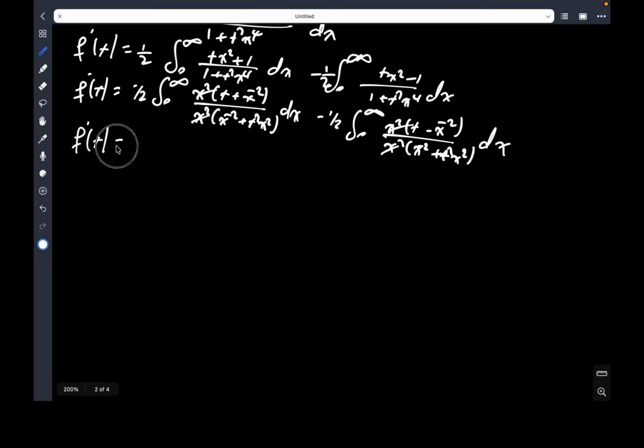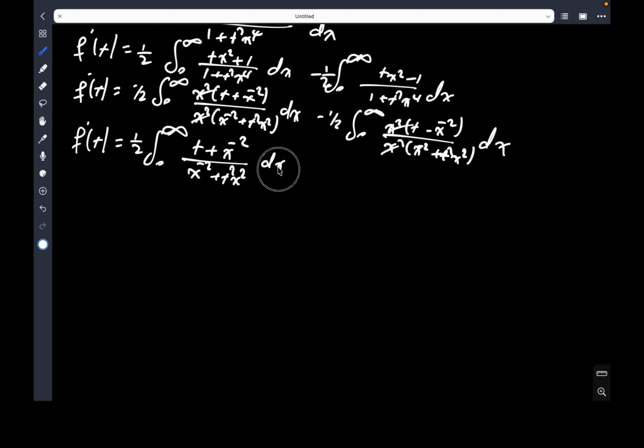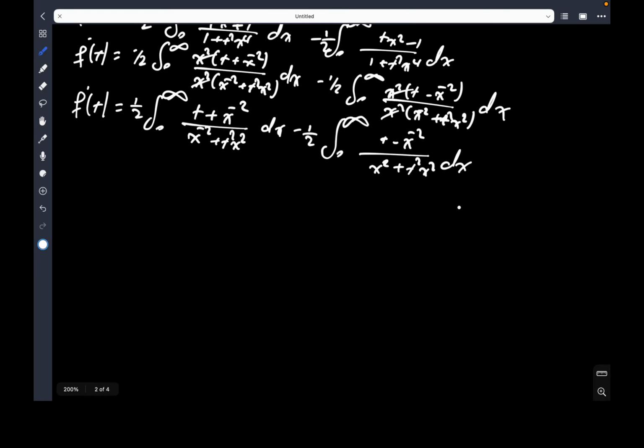Thus my f prime of t is going to become half the integral from 0 to infinity of t plus x to the negative 2 divided by x to the negative 2 plus t squared x squared dx, minus a half the integral from 0 to infinity of t minus x to the negative 2 over the same denominator. Sorry, this should be negative 2 x to the negative 2.